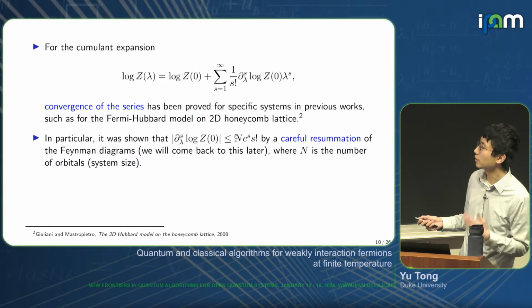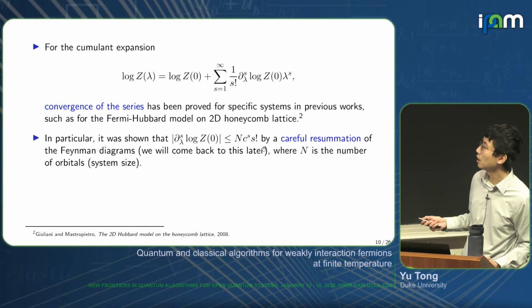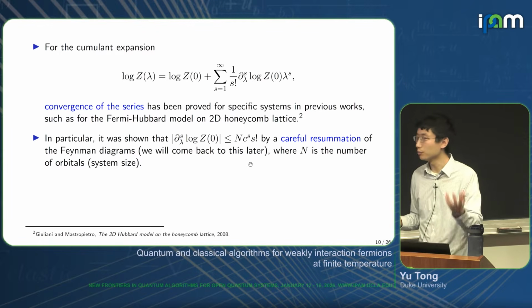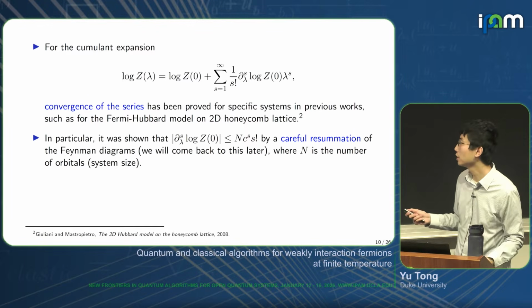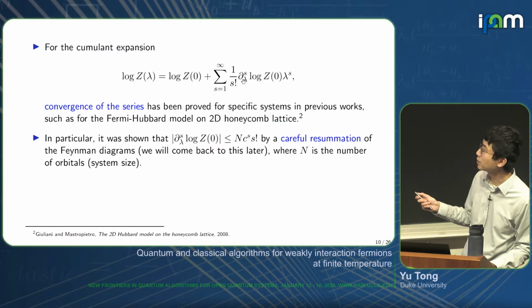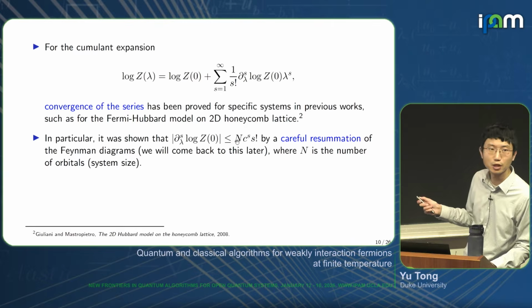They show that the derivatives grow like this. You have a factor that is linear in the system size. You have something that grows exponentially, which is nice because you can choose lambda small to offset that exponential growth. You have something that grows factorially, but that is fine because you have 1 over factorial here.